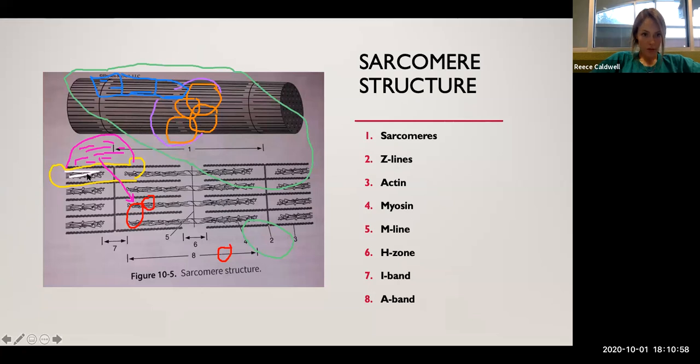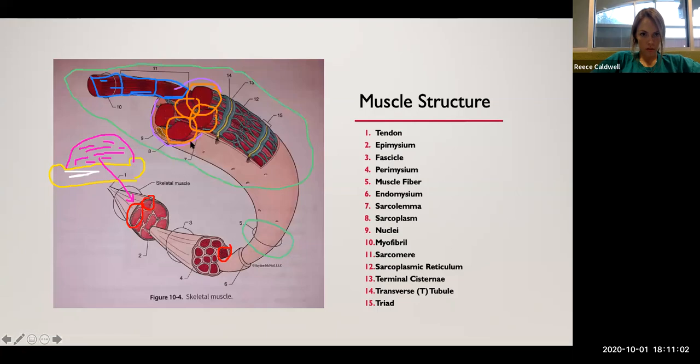So we have our bone, like our humerus. We have our muscle, for example, our biceps. You look at the muscle right here. Inside the muscle, we have a bunch of bundles called fascicles.